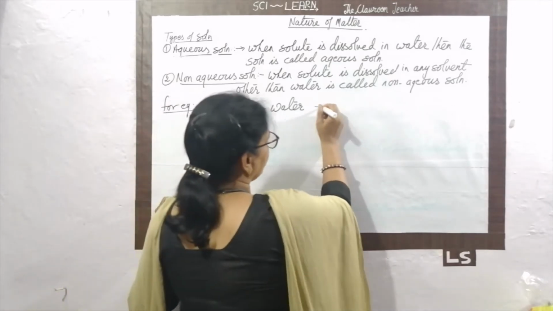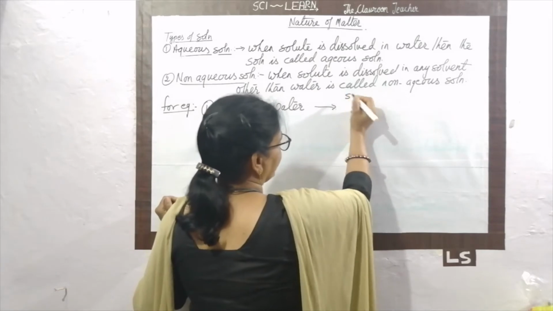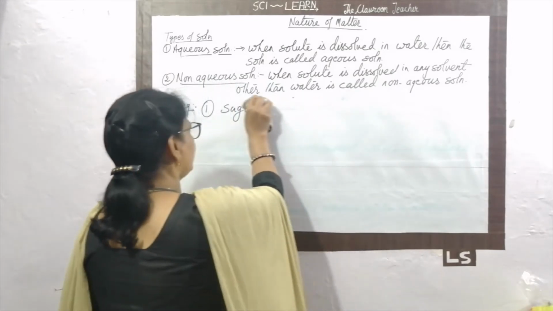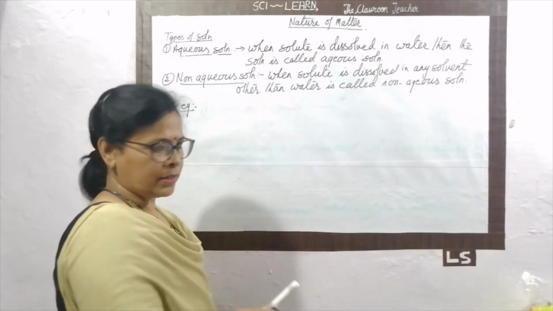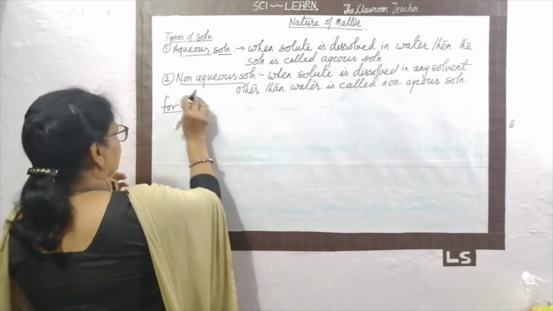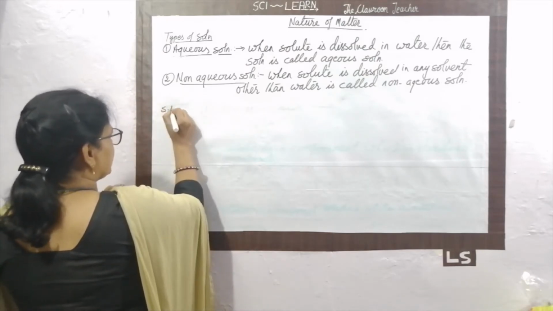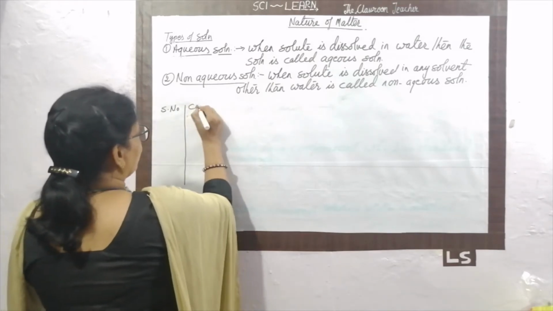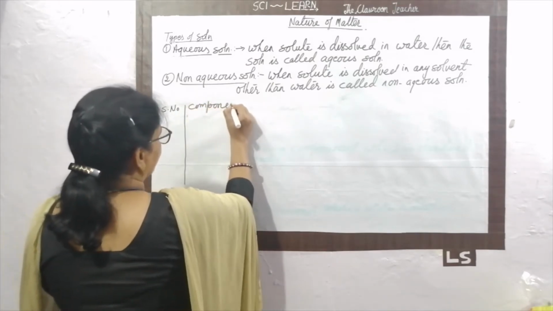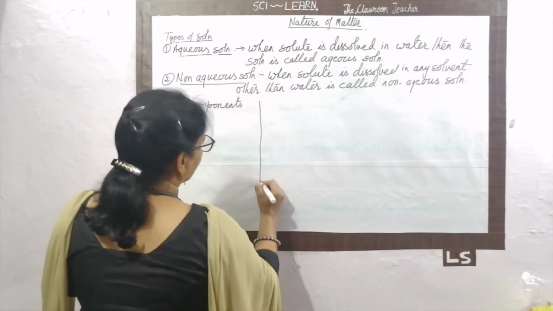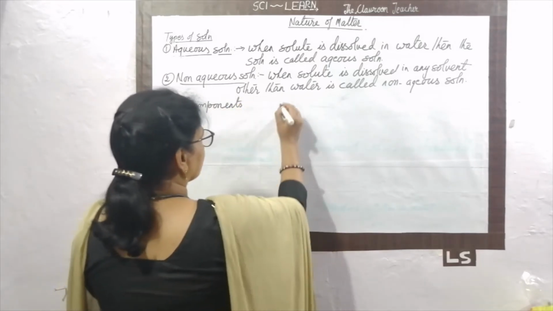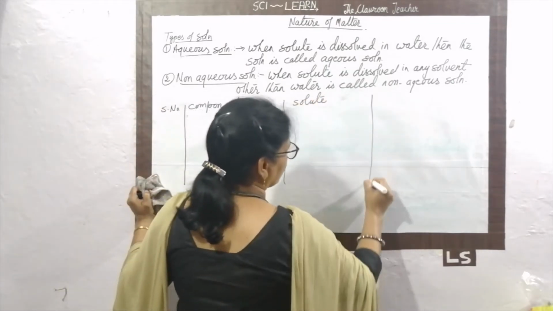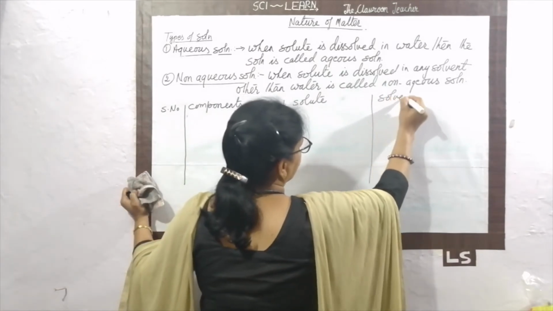And what is the component here? We have categorized it in two terms, that is, what is solute and what is solvent. So we are going to write like this. For example, this is the serial number, then component, and out of the component, which is solute and which is solvent.